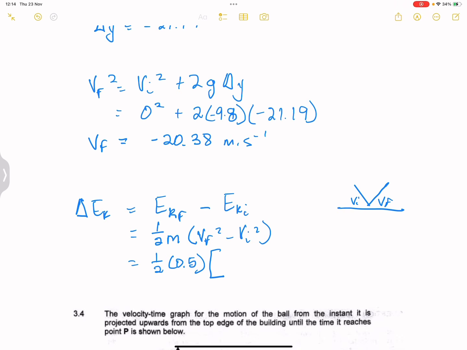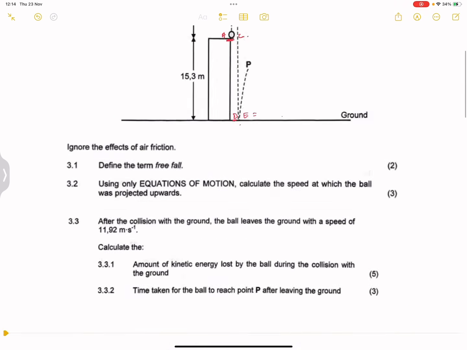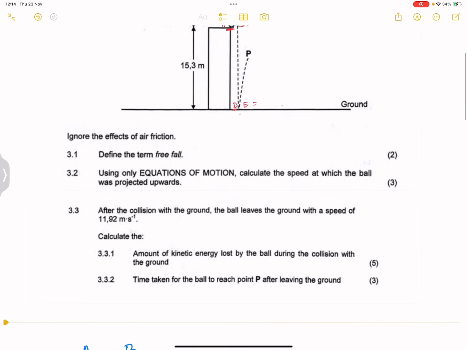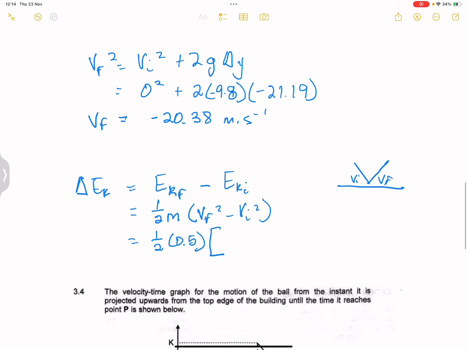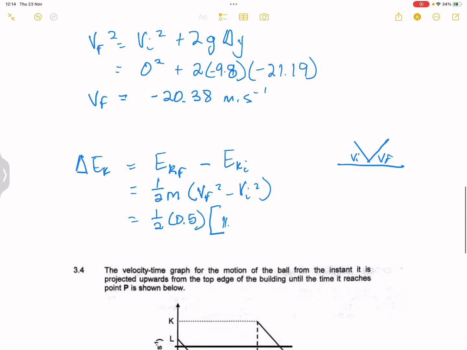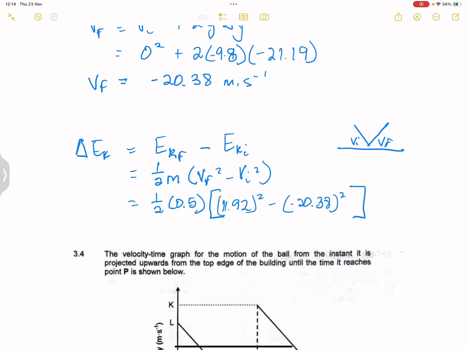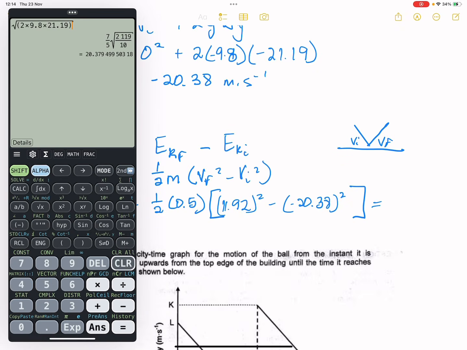So our final speed was 11.92, squared, minus the negative 20.38, and there's really no issue if you took it as positive in this case. We're just looking at the speed, right?